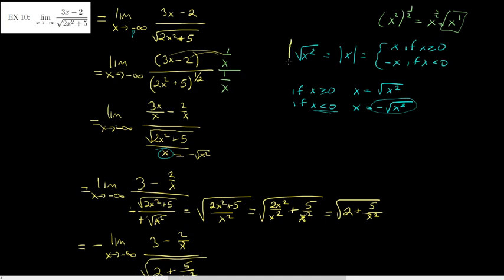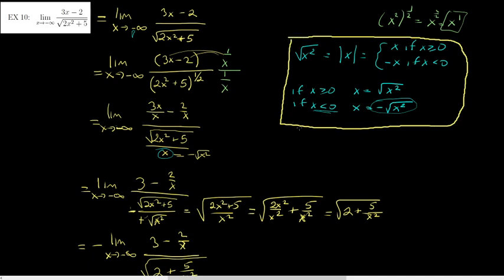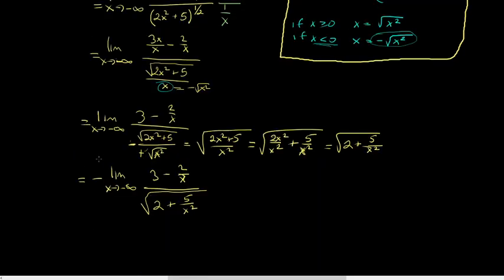And then, again, the tricky thing here is you have to realize that because you're going to negative infinity, we're not changing x to the square root of x squared, we're changing it to negative square root of x squared. Okay, so that's where we get this negative sign in front here, right? See that? Okay. And then we just did a lot of algebra here, and we simplified all of this to this form here. Right? Okay.